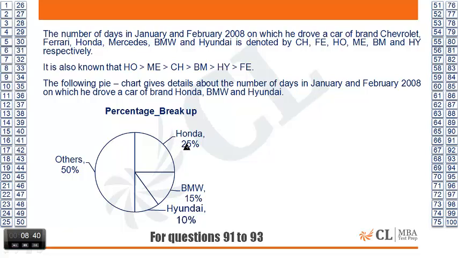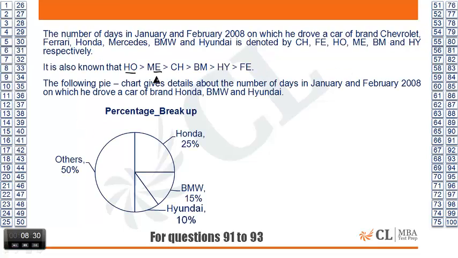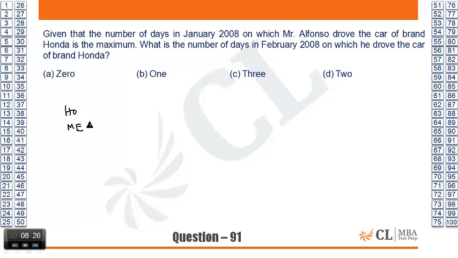This is okay, no? HO is greater than ME. Let's do this. What is it saying? HO, and then he is saying ME. We'll do it in the same order. This is the number of cars driven, no? CH, then you draw BM, then you draw HY, then you draw FE.